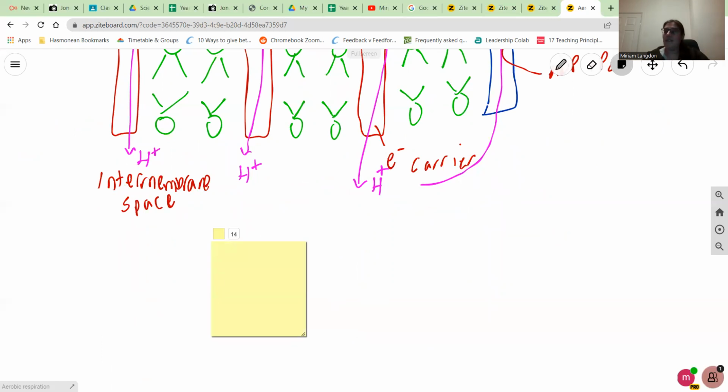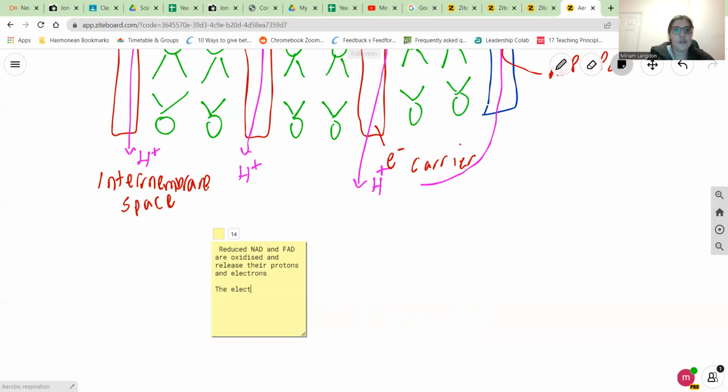So if we write that so that it's easy to understand, we start off by saying reduced NAD and FAD are oxidized and release their protons and electrons.